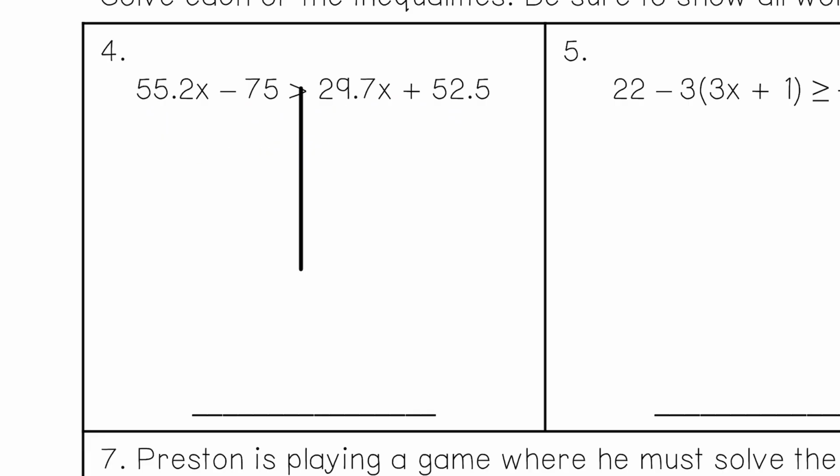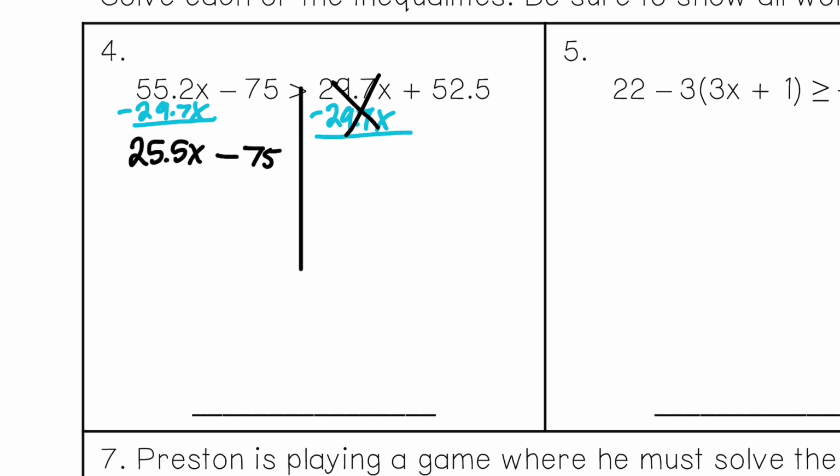I'm going to subtract 29.7x on the right, which means I subtract 29.7x on the left. These go away, and I'm left with 55.2 minus 29.7, which equals 25.5x. My minus 75 drops down, and my 52.5 also drops down.